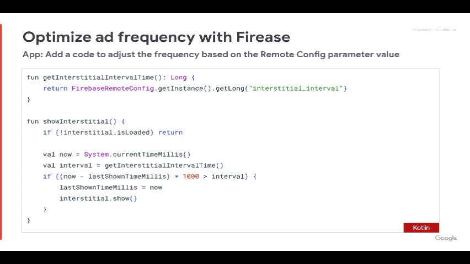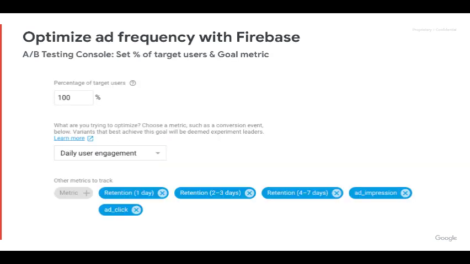After that, we'll generate a code. This is what the code would look like. You need to add the code to adjust the frequency based on this parameter value, which we earlier set to 120 seconds. And voila, that's how we set the first ad frequency metric.